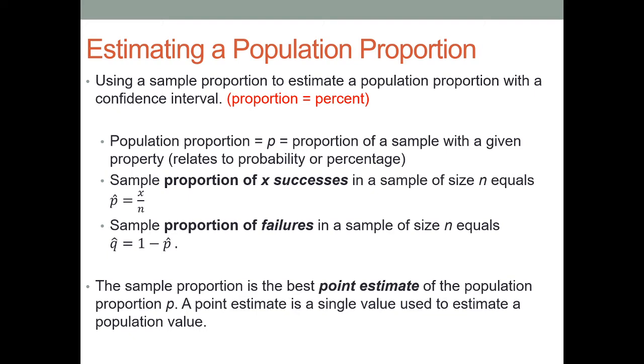And we have symbols for them. The p hat is what this is usually called, and that is the proportion of successes of a sample of size n. So whenever you hear the word proportion, think percent. Proportion is the percent of a population that fits a certain category.